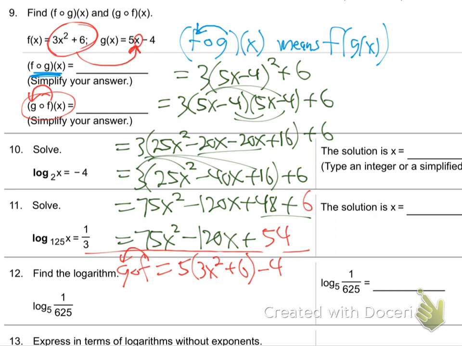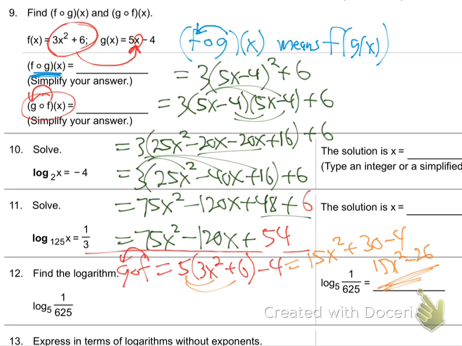All right, and then we distribute. 15x squared plus 30 minus 4, whatever that is. 15x squared minus 26. There we go.